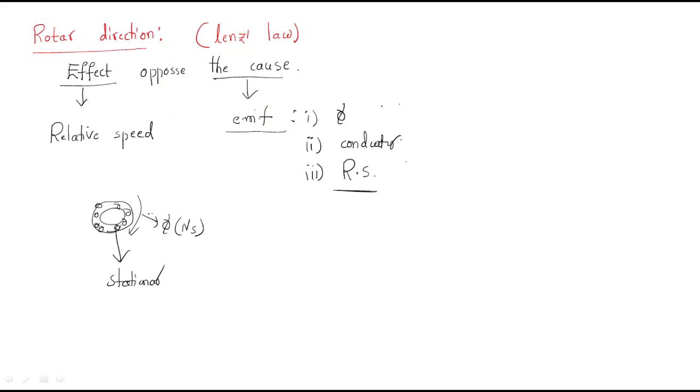The relative speed between the flux and the rotor is synchronous speed ns, since the rotor is 0. In order to decrease this ns, the rotor must rotate in the same direction.